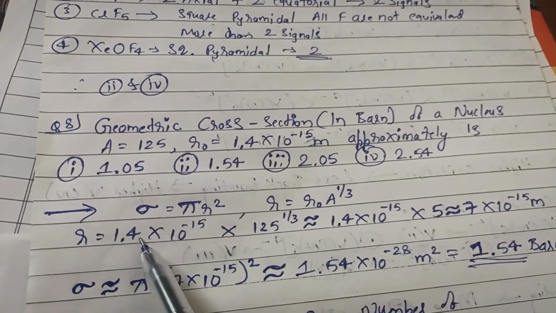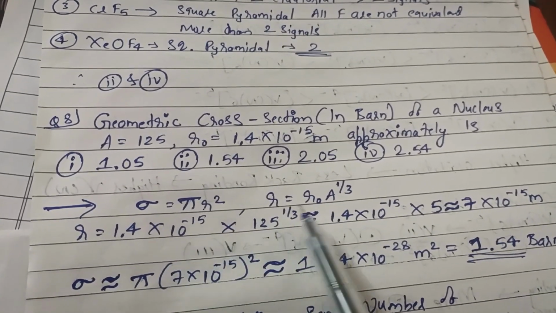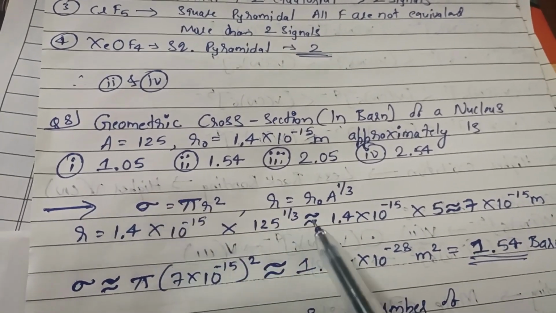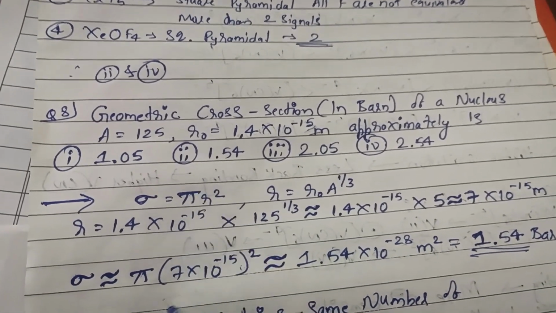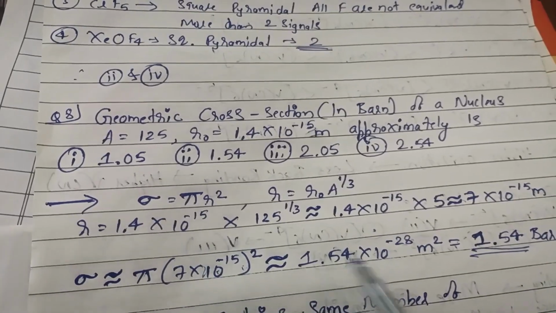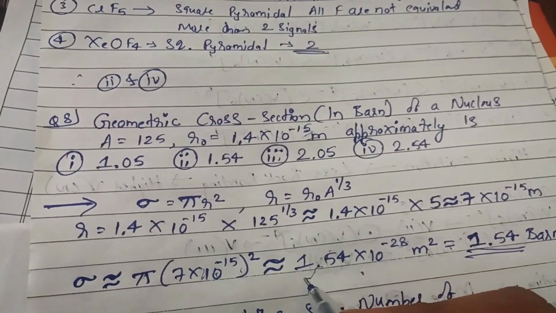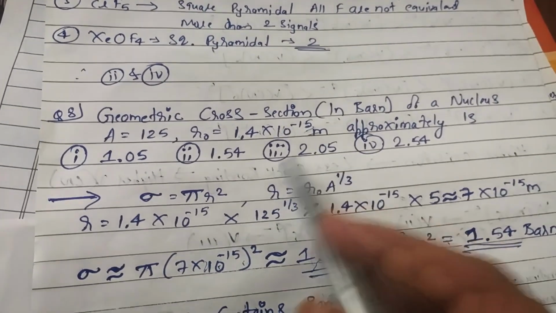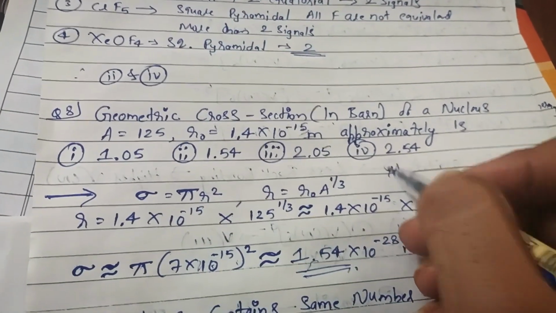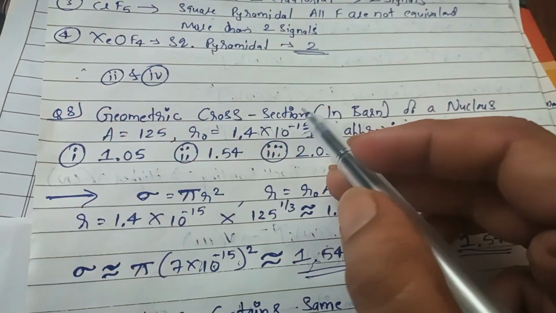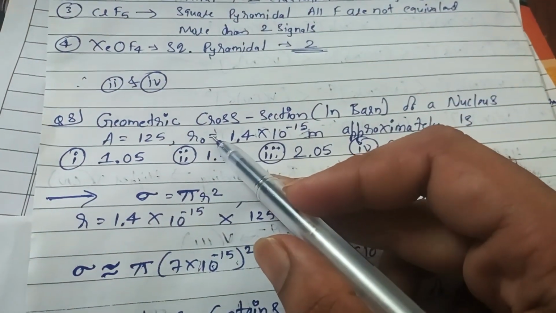We know the r. Now that r will be put in this formula, pi into r square, and we will get the answer easily. This is not a complicated problem; it is a very easy problem. You already know that pi r square is the cross section formula. They have given just r naught.